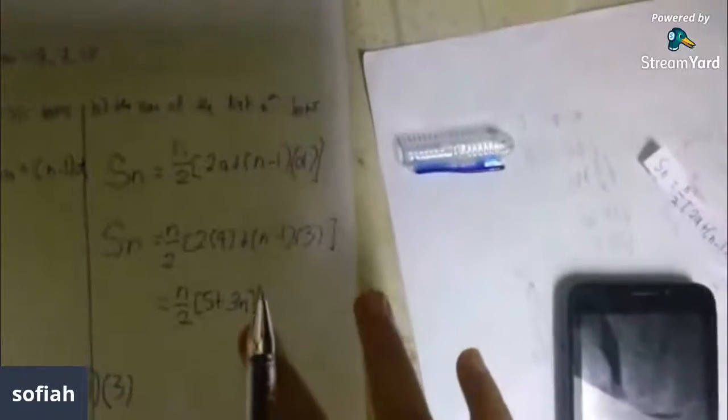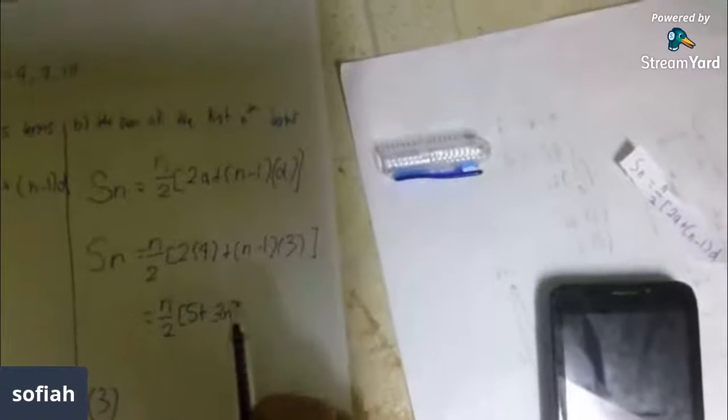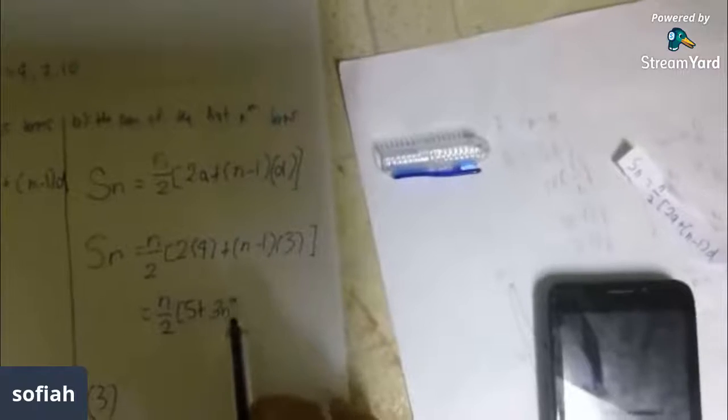It means that, for example, if we want to find the sum of the first fifth terms, we just substitute the value of 5 into n. So we will get the sum of the first 5 terms.